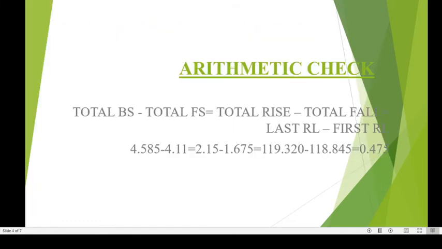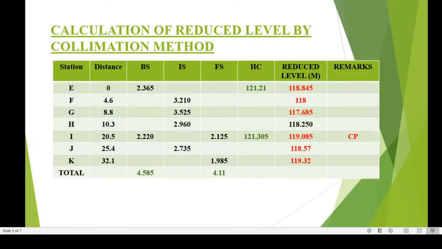In the arithmetic check by the rise and fall method, we subtract total FS from total BS, we subtract total fall from total rise, and we subtract first RL from last RL. All the values will be 0.475. So the arithmetic check is done.